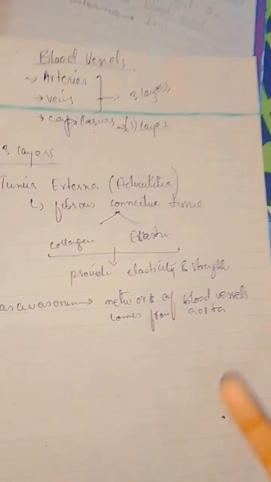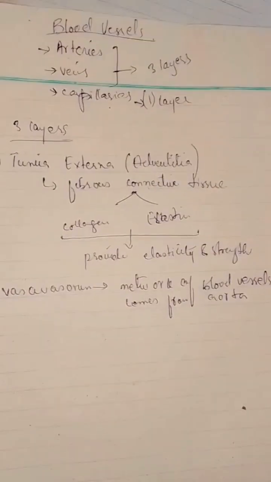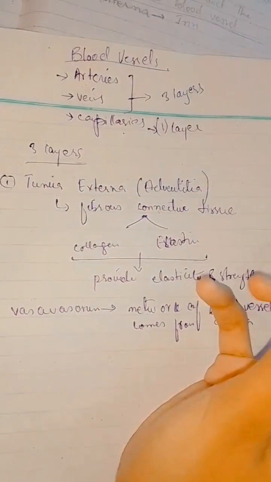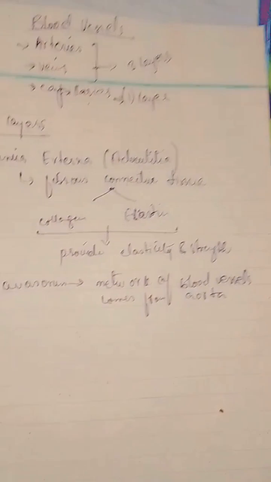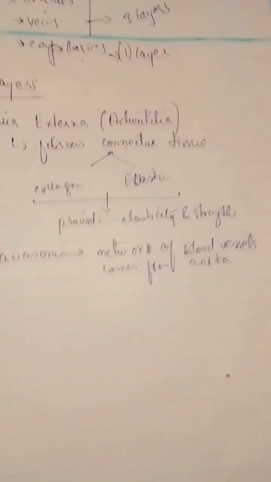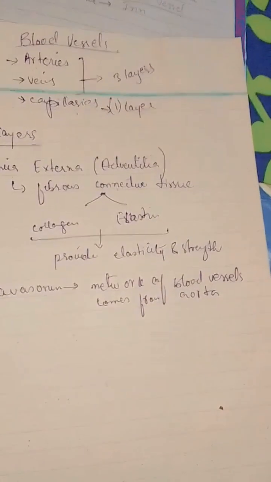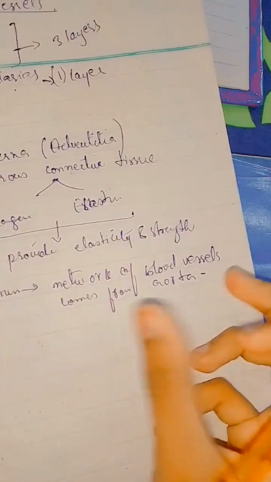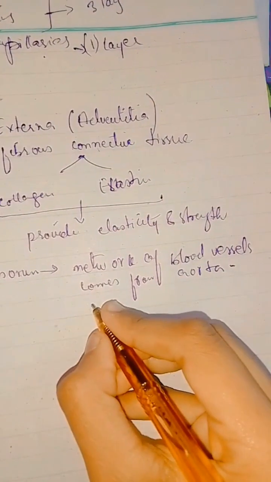These are similar to blood vessels. These are not the blood vessels actually. Blood vessels are arteries, veins, and capillaries, but the vasa vasorum are basically a similar type of blood vessels. That's why we are just calling them a network of blood vessels that basically comes from the aorta, from the heart.